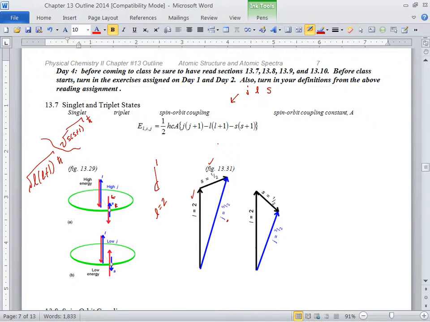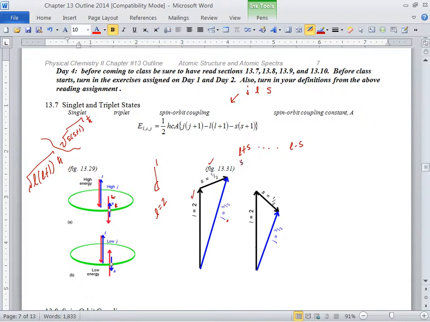And then you have to couple them. Well, how did we couple again? If we couple two things, it's the sum all the way down to their difference. So we've got 2 plus a half, which is 2.5, or 5 halves. So l plus s all the way down to l minus s.